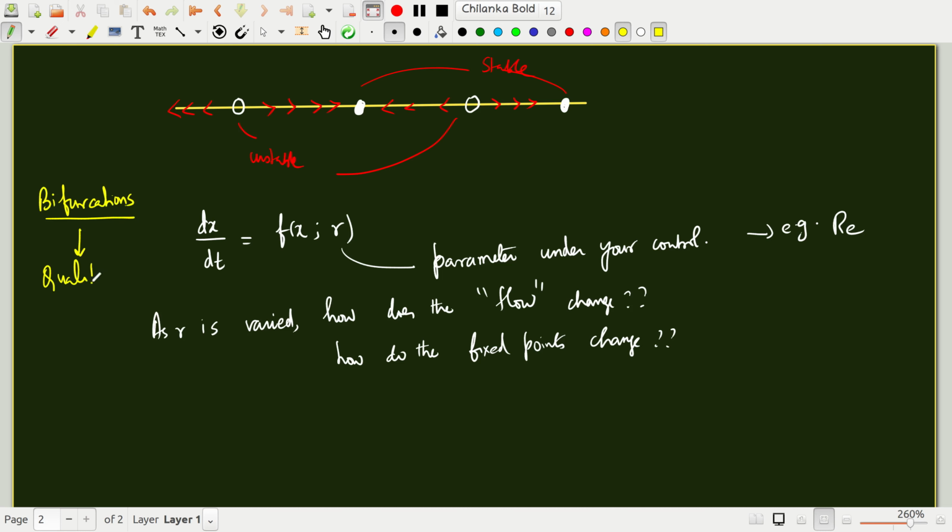Something dramatic happens in the dynamics as an external parameter is varied. The specific values of the parameters at which this change occurs are called bifurcation points. We'll see this with many examples.